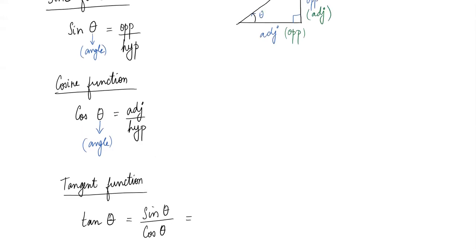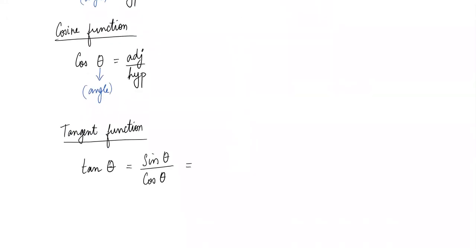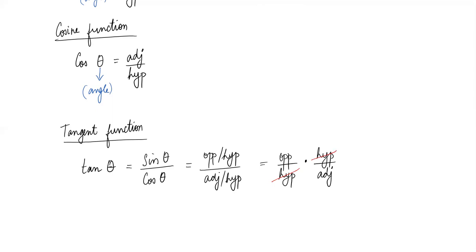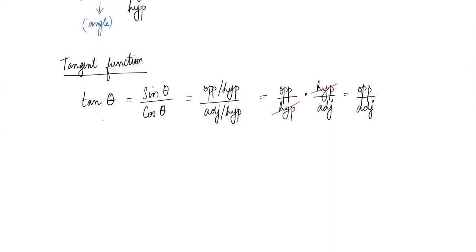If you go back, sine theta itself is opposite over hypotenuse. And cosine theta is adjacent over hypotenuse. If you were to simplify this, you get opposite over hypotenuse times the flip of the denominator, so hypotenuse over adjacent. Then if you cancel them off, you get opposite over adjacent. So ultimately, tan theta is opposite over adjacent.